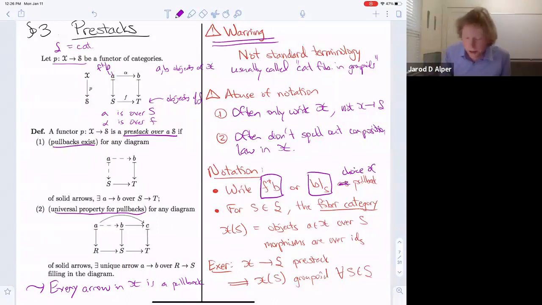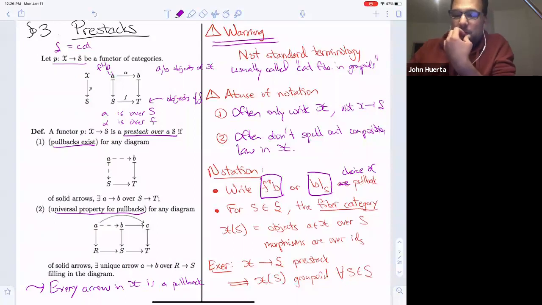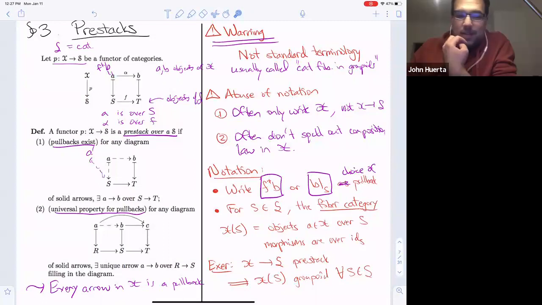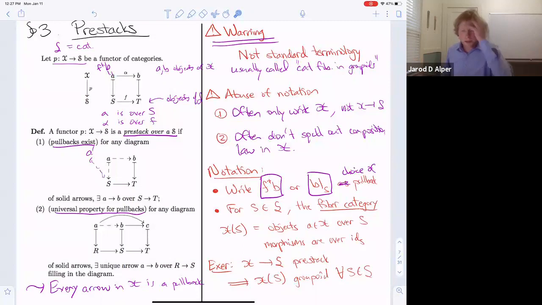And then there's a unique morphism from one square to the other. Like in this case, you might have some A prime over S. Yeah, so that would be the ordinary way to specify what a fiber product is. But because we're over this base, it's just a stronger condition and one that we want to impose to work in this more general setting where this object may not live over S, but some other thing. Okay, thanks. Yeah, you just view it as a slightly stronger property that we'll need.